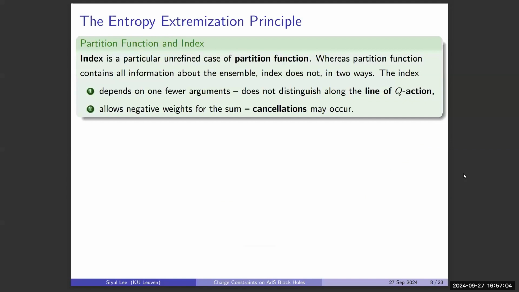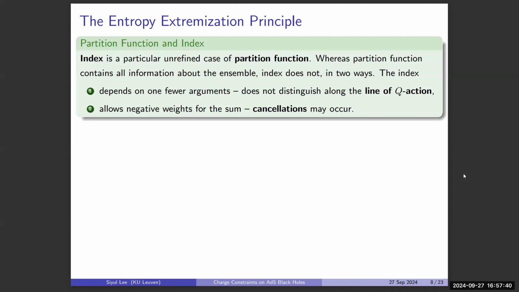As a result, it does not distinguish along the red straight line that I'm calling the line of Q action, because acting with the supercharge Q brings this state along the red straight line. And second, because of this relation between the chemical potentials, the index allows negative statistical weights for some states. As a result, cancellations between contributions from different states may occur in the index, unlike in the partition function.